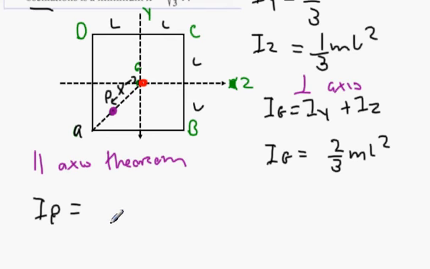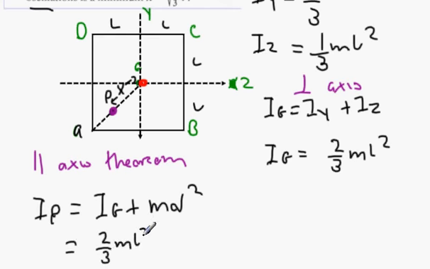IP is going to be IG plus md squared. That will give us 2/3 ml squared plus mx squared.